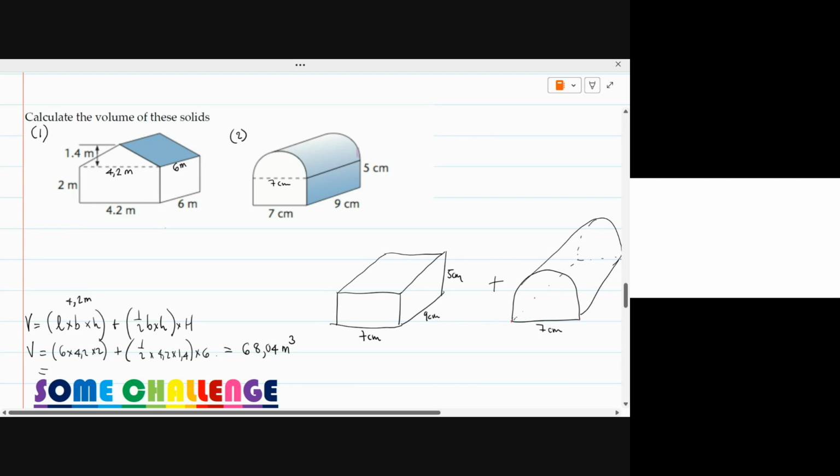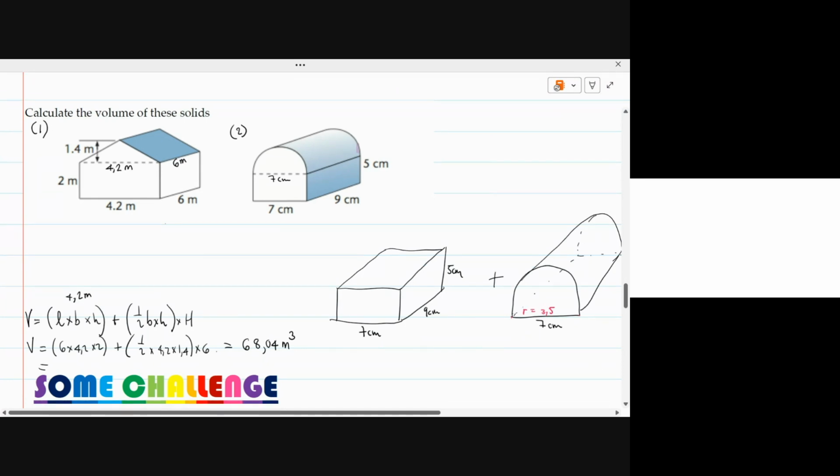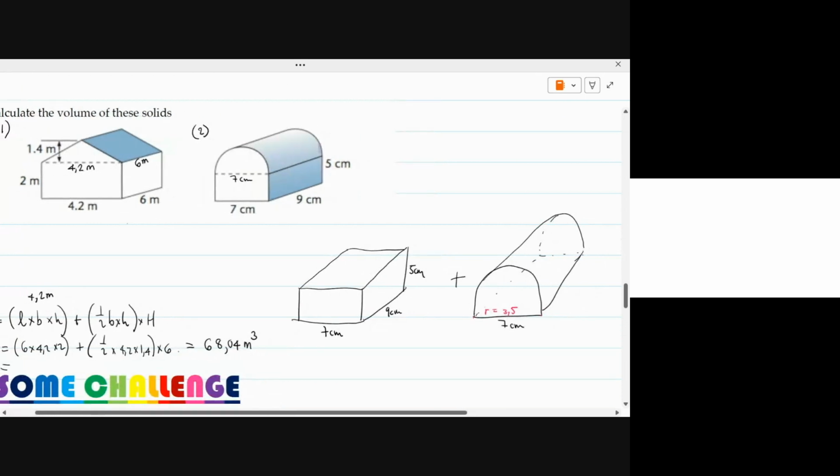And in order for me to calculate the area of a circle, I would need the radius. So I know that the radius will equal 3,5 centimeters. And if this part over here is 9 centimeters, then that part over there is 9 centimeters, which means the height over here will be 9 centimeters. And whatever answer we get for this volume, we are just going to multiply it by half.